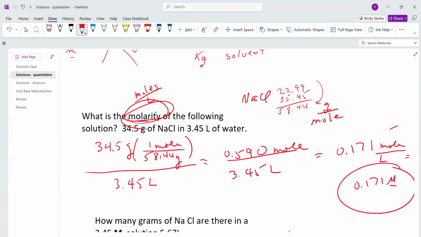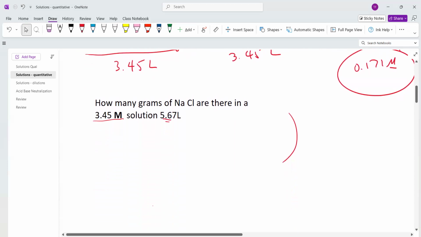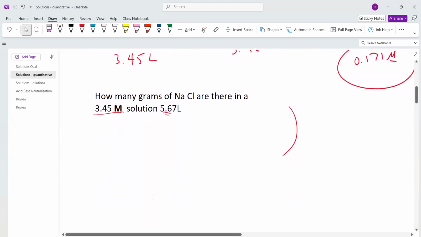So we can do the opposite problem. If we start with concentration and volume, we can get mass. Two steps again. The first thing we're going to do is go 3 point, and I'm going to put moles per liter.